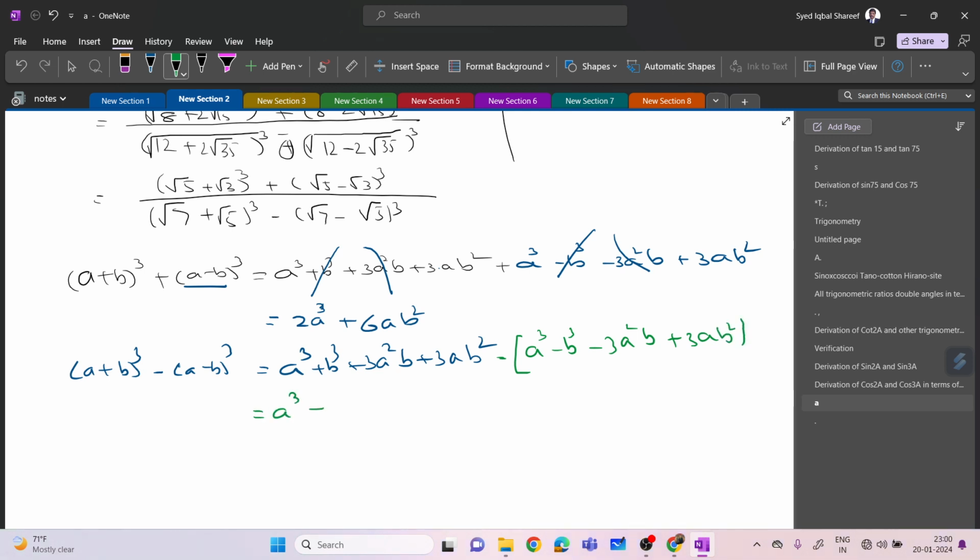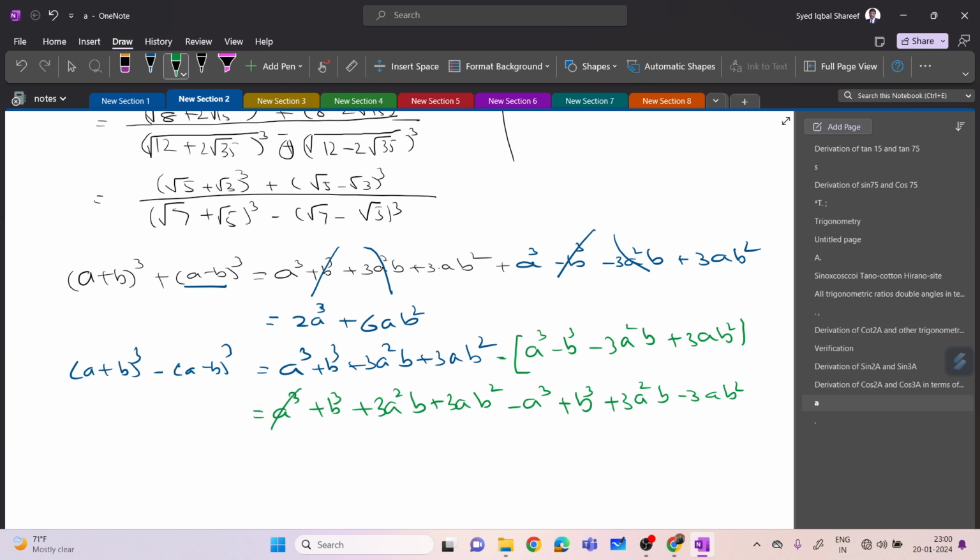So now this is a cube plus b cube plus 3a square b plus 3ab square minus a cube plus b cube plus 3a square b minus 3ab square. Am I right? Minus a cube, minus times plus. This is plus. This is minus.